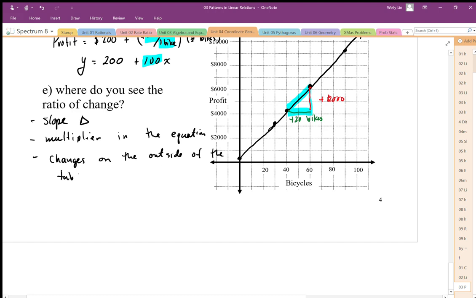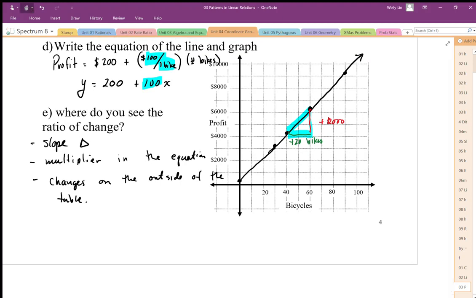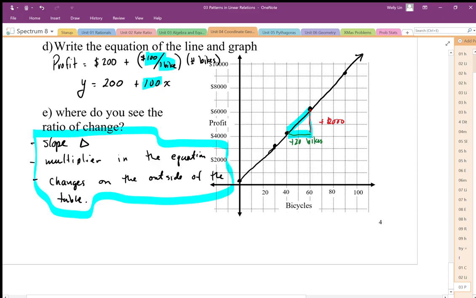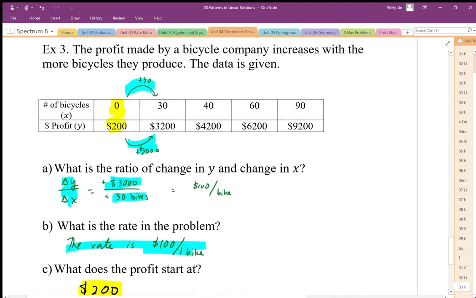So there we want to connect those ideas with each other: the ratio of change, the slope triangle, the multiplier, and the changes on the outside of the table.